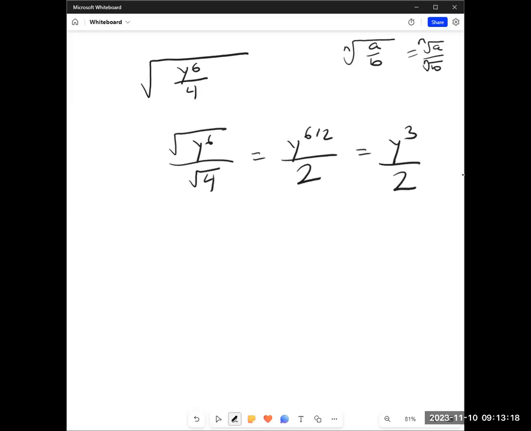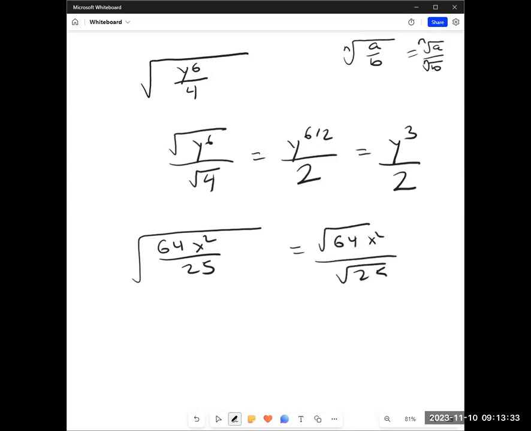And this next one is like number 69 from the textbook, the square root of 64 x to the 2nd over 25. The square root of 64 x squared over the square root of 25 is the square root of 64 times the square root of x squared over the square root of 25, which is 8x over 5.